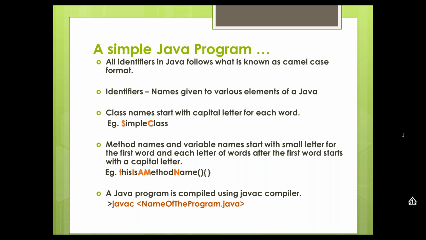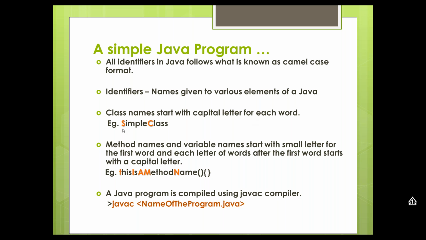The identifier should follow what is known as camel case format. What do you mean by camel case format? The class names should be such that the first letter of every word in a class name should start with a capital letter.